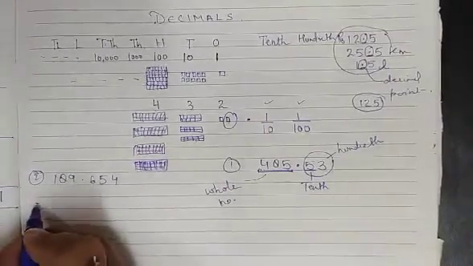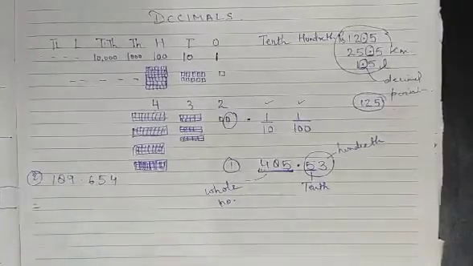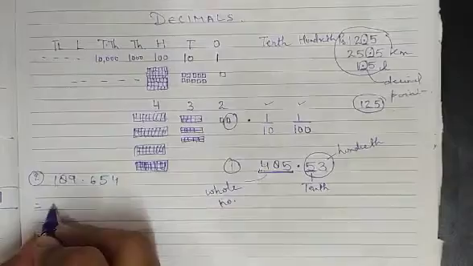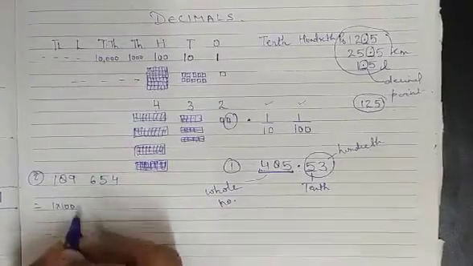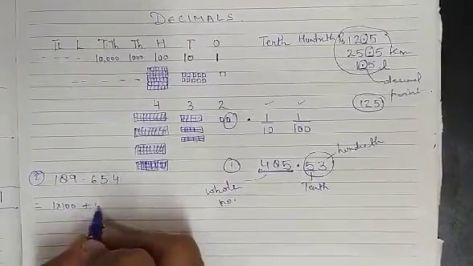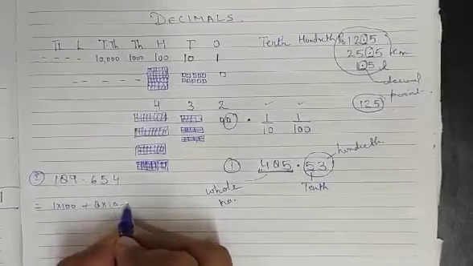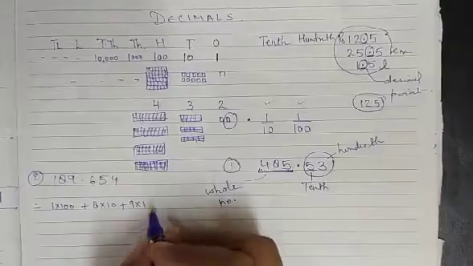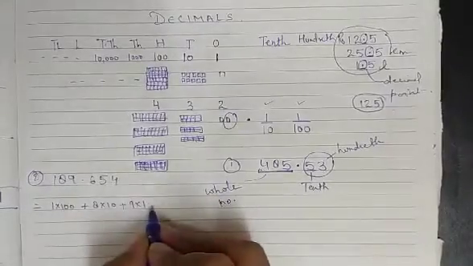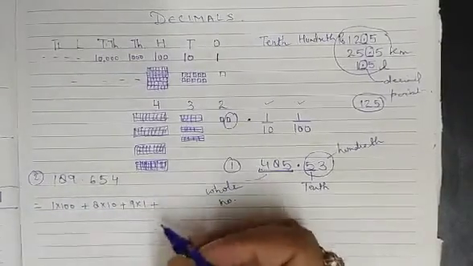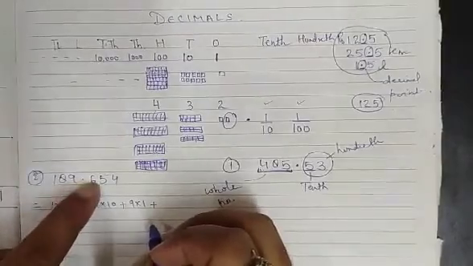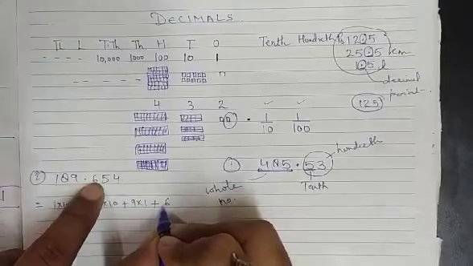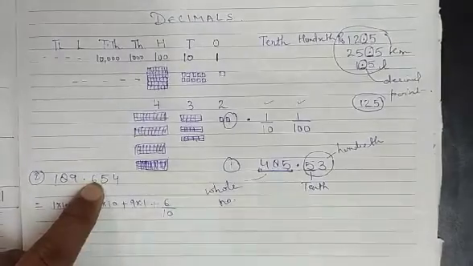Now if we want to express it in expanded form, 1 has a place value of 100, so 1 into 100, plus 8 has a place value of tens, 8 into 10, 9 has a place value of ones, 9 into 1, point. Decimal is there, so we have to keep in mind that this is the decimal and the next part is the tenth part, meaning 6 divided by 10.